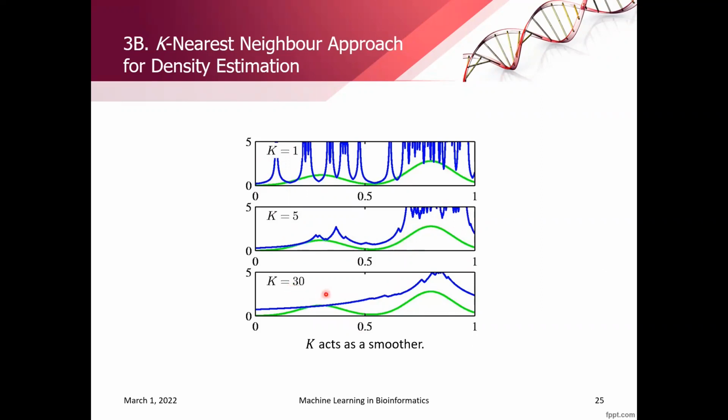For k equal 30, we obtain quite different distribution, quite different density. So all these approaches require proper setting of the number of neighbors, similarly as for the kernel approach, we need to set the size for the kernels.